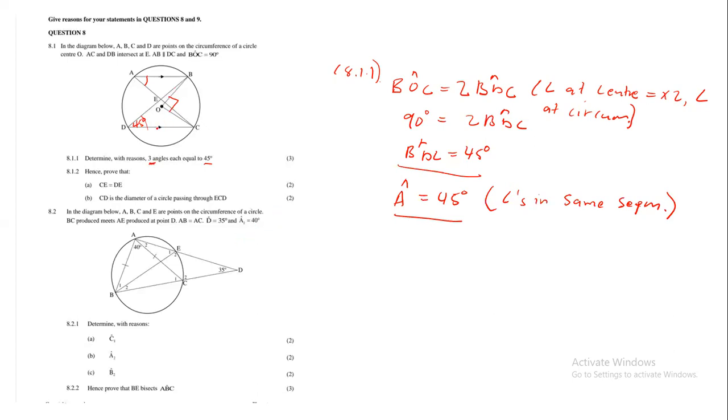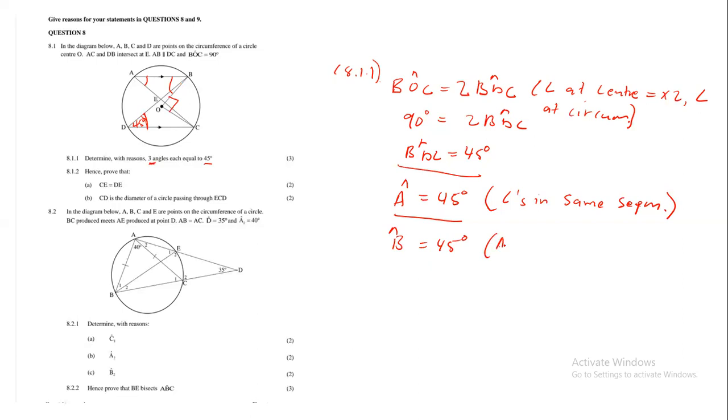And once more again, we have the parallel lines. We know that within the parallel lines, we have the corresponding, we have the alternating, we have the co-interior angles. So that means for a fact that we have formed a Z shape. So that means this angle will be equal to this angle. They are alternating within the parallel lines. So that means angle B in this case will also be equal to 45 degrees. But what is our reason?